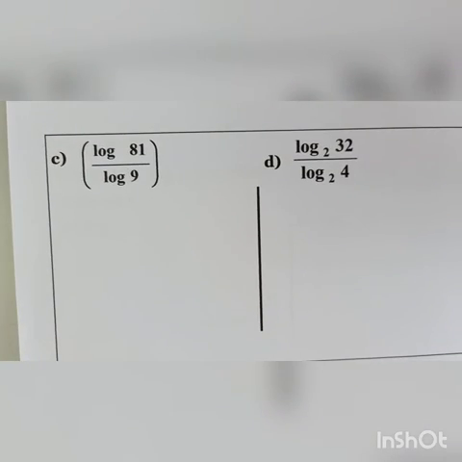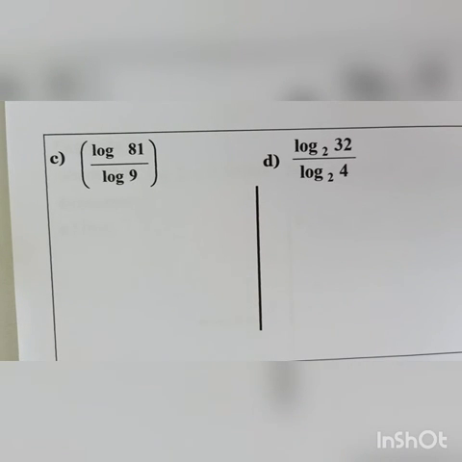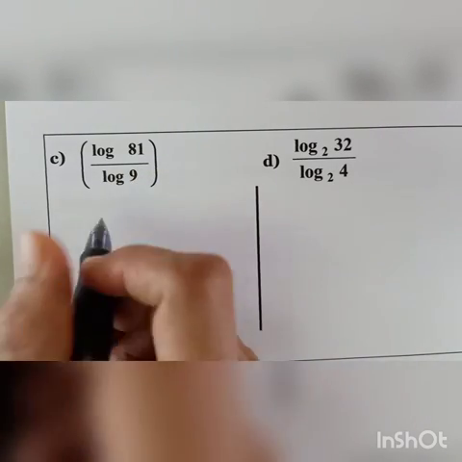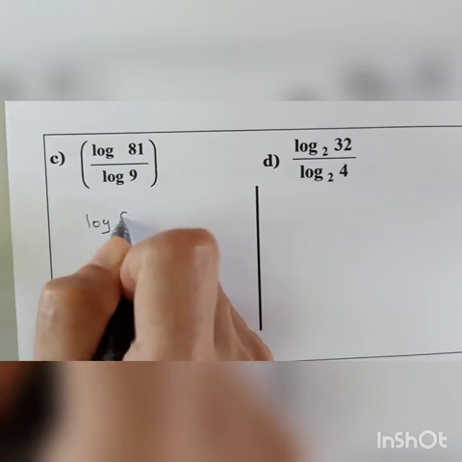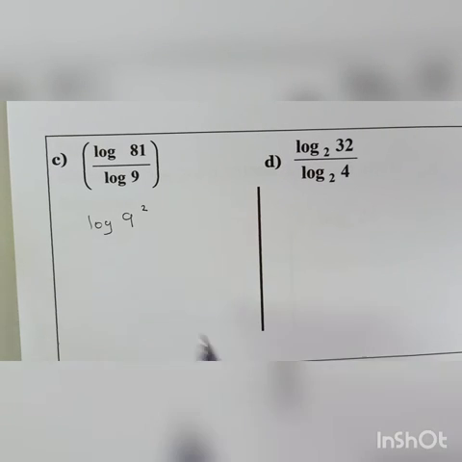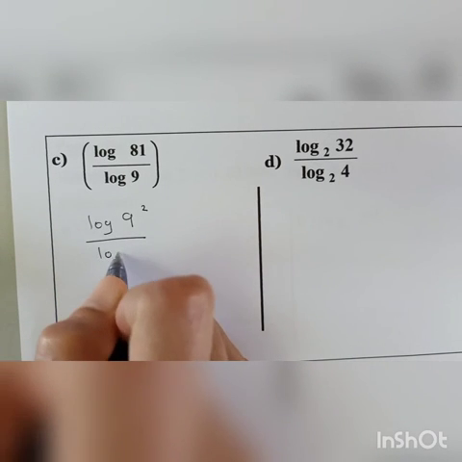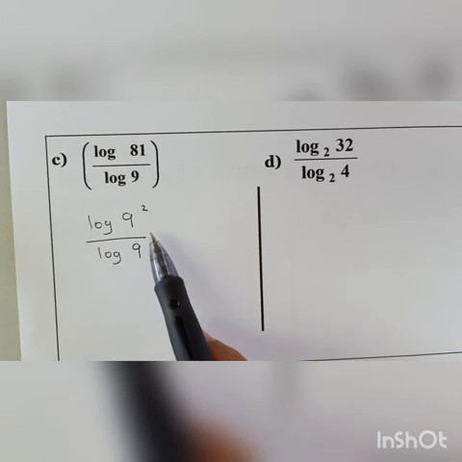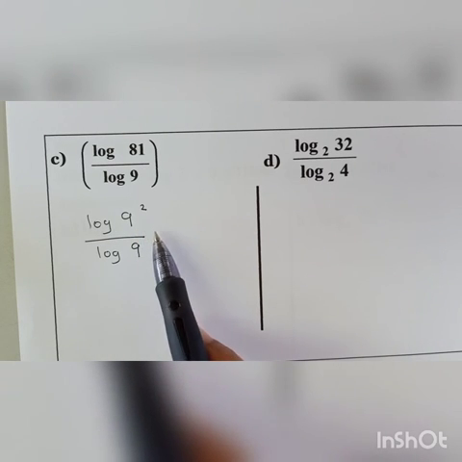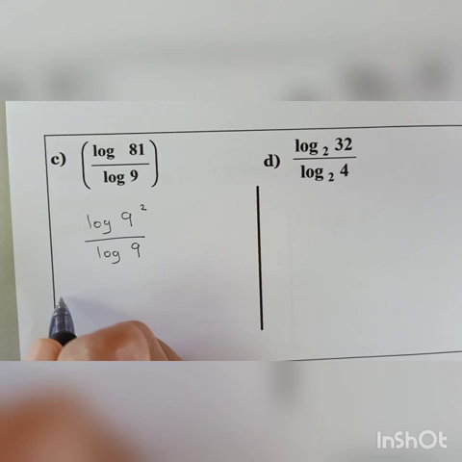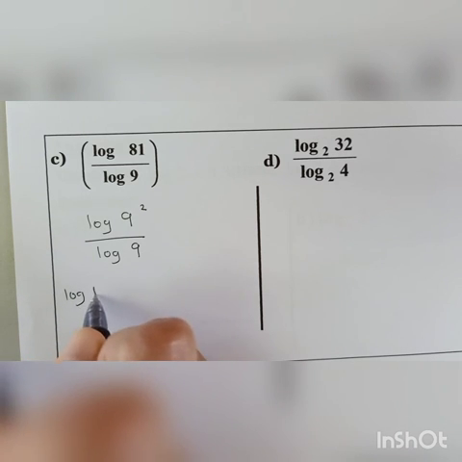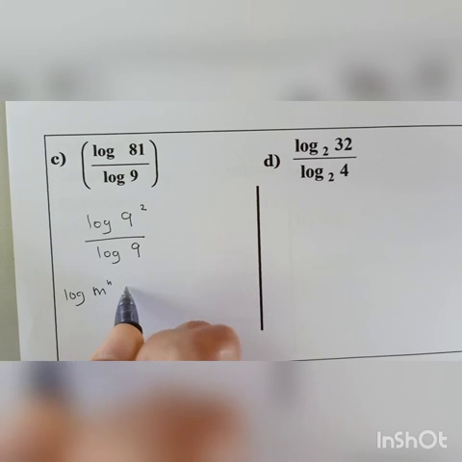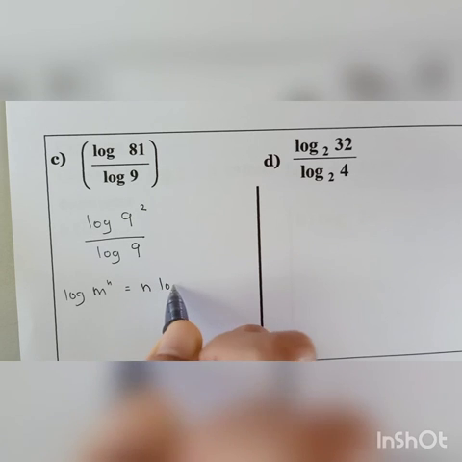Okay, for question C, log 81 over log 9. 81 you can simplify to 9 squared over log 9. At the numerator, we can use law of log number 3, which is log m to the power of n equals n log m.